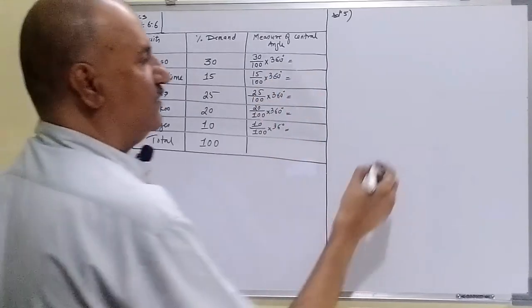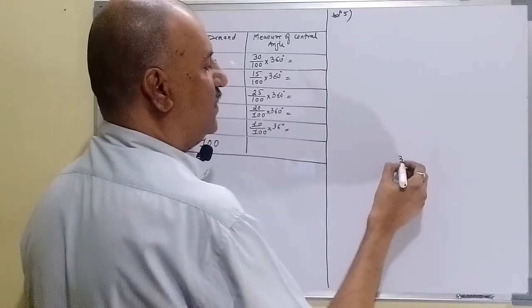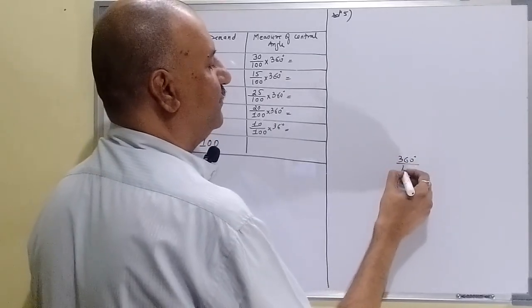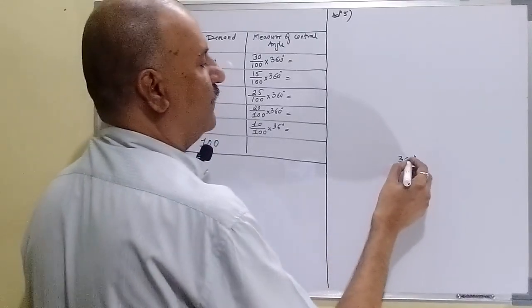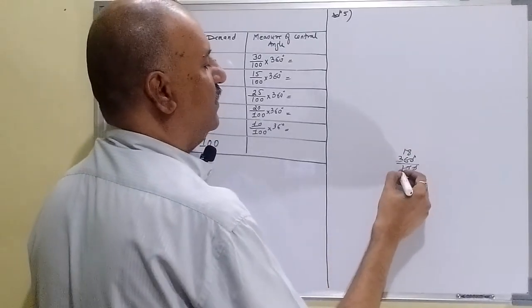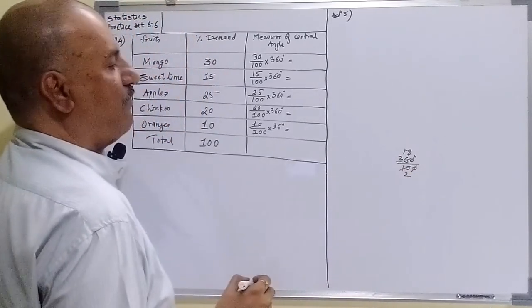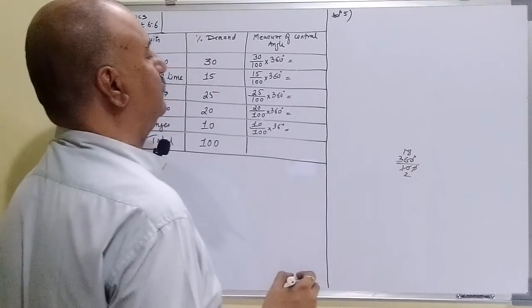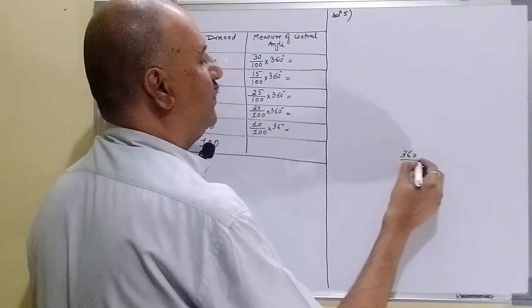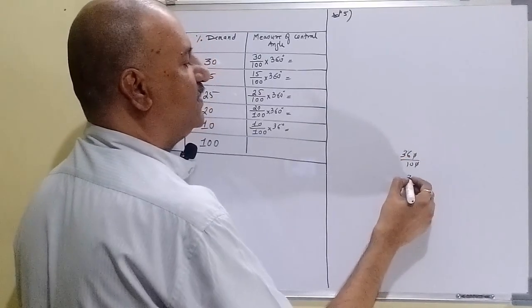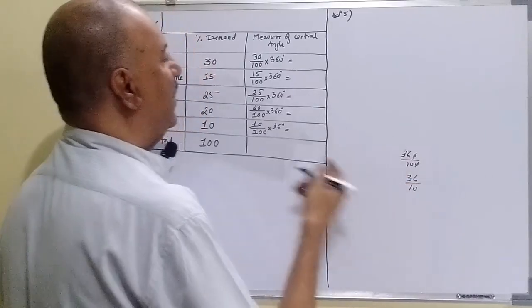You find 360 upon 100 कितना होता है? ये 18 and 2. (360 upon 100). Keep 36 upon 10 and common.